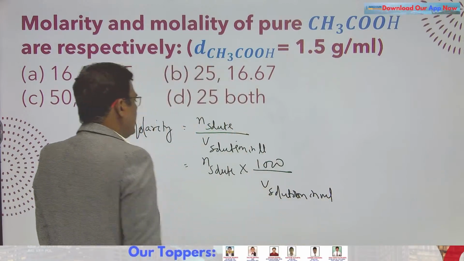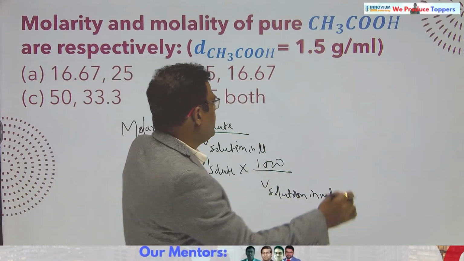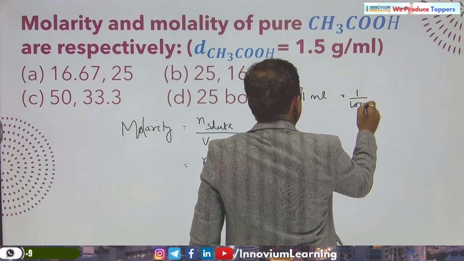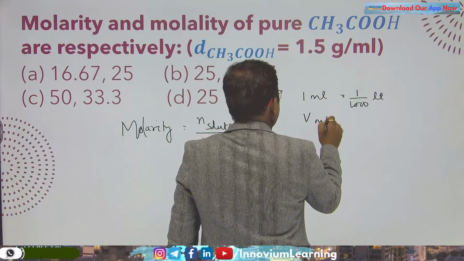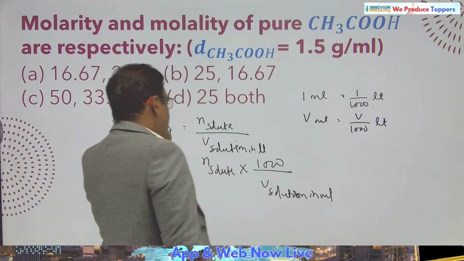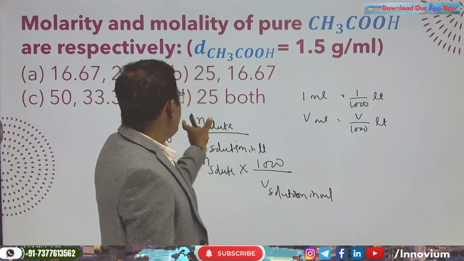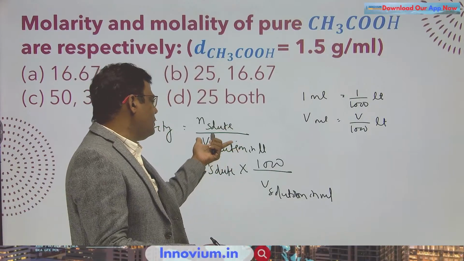Correct? Because you know that 1 ml is equal to how much in liter? 1 ml is equal to 1 by 1000 liter. So V ml is equal to what? V by 1000 liter. Correct? So if the volume of solution is given in ml, then number of moles of solute by volume of solution is V by 1000.